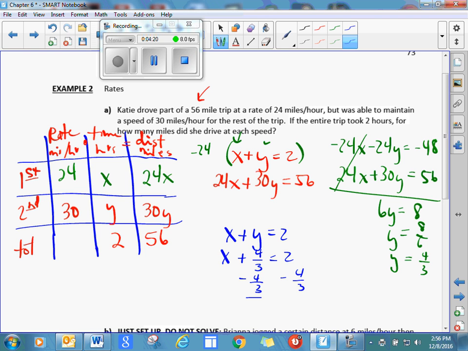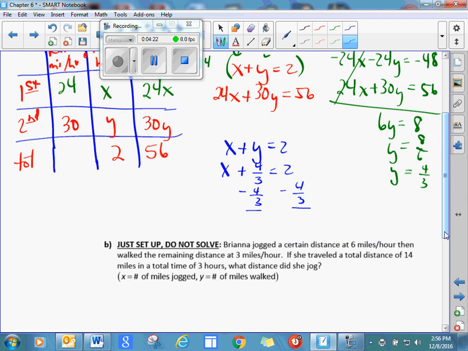You do have a fraction, but it won't bite. If you have 2, that's the same as 6 over 3 if we turn that into thirds. So 6 over 3, take away 4 of those thirds, and you end up with x equaling 2/3.